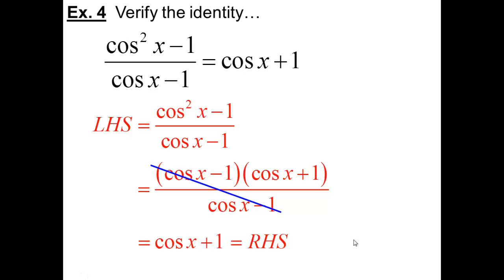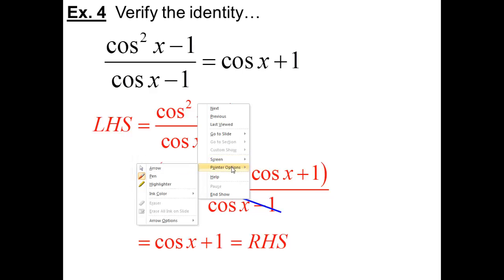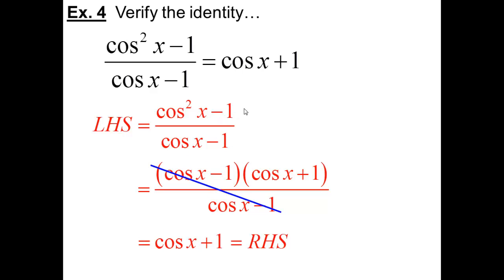Now again, back to the beginning, cosine squared minus 1 almost looks like a Pythagorean identity. The Pythagorean identity would have had to have been 1 minus cosine squared. So it actually would have been legal to replace that cosine squared minus 1 not with sine squared, but with negative sine squared.